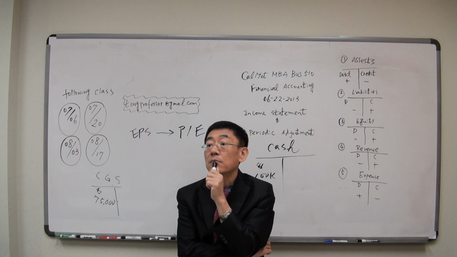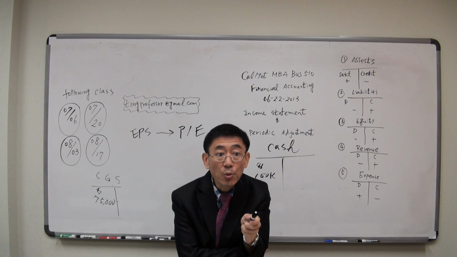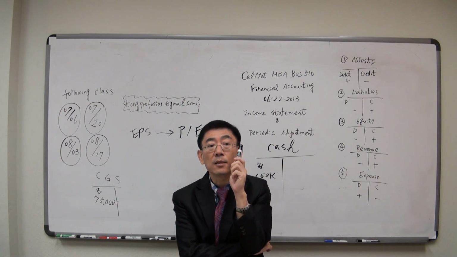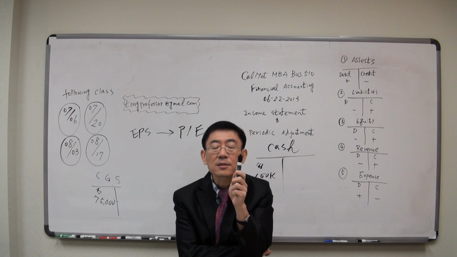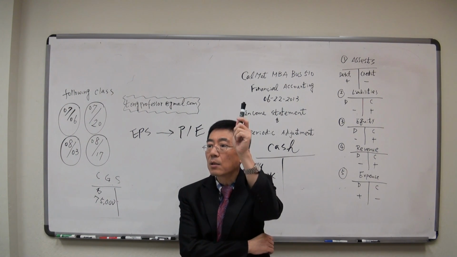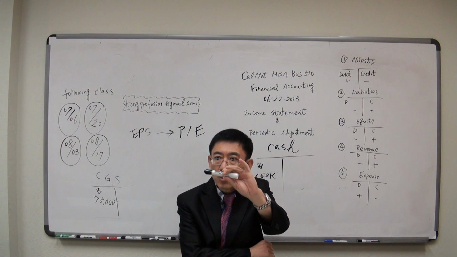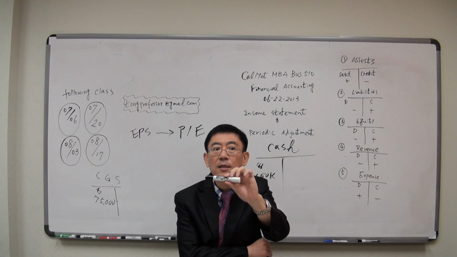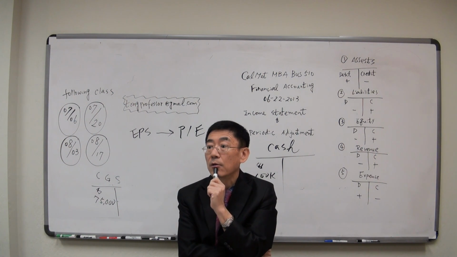Got it? Let me say it again. The PE ratio is the number to justify whether the stock price is way too high, or below the regular industry standard, and it's a good buy. It's a good deal.